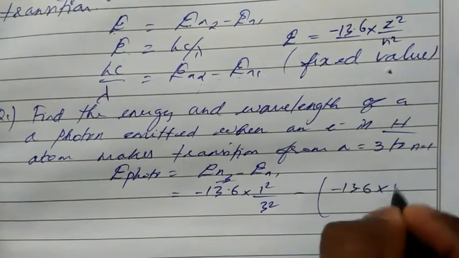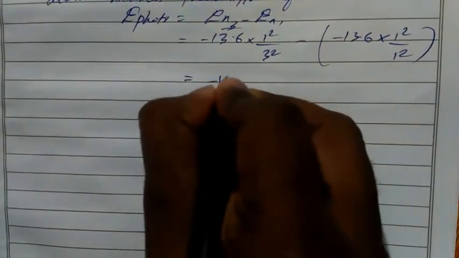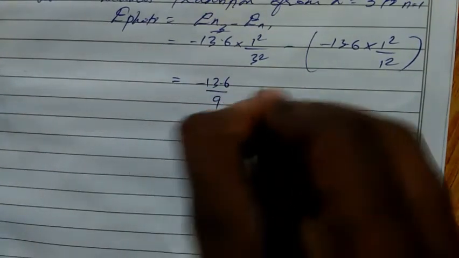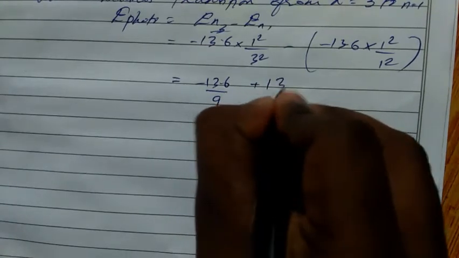Minus 13.6 into 1 square, first orbital, so here also 1 square. So here we have minus 13.6 divided by 9, minus to minus will become plus 13.6.